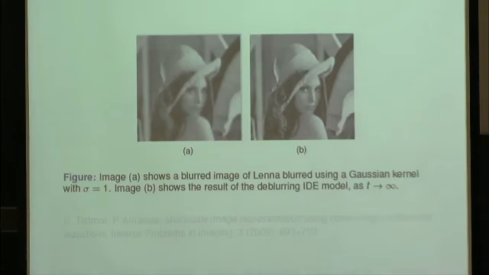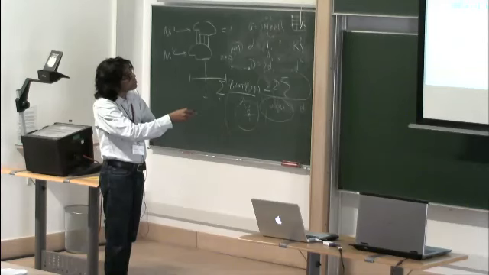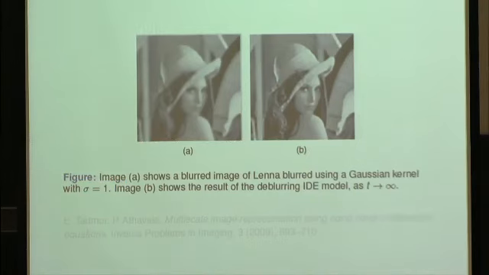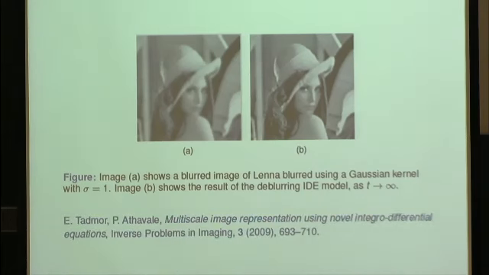The result is basically this: you have this blurred image, and you go from here to here by applying this method. The problem here is you need to know what k is, otherwise it will not work. The details of this are published in IPI, multi-scale image representation, 2009.